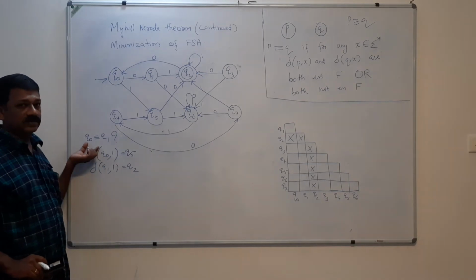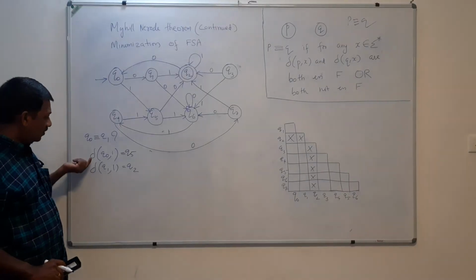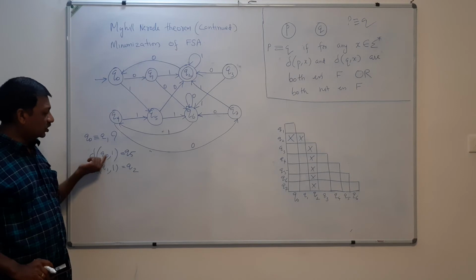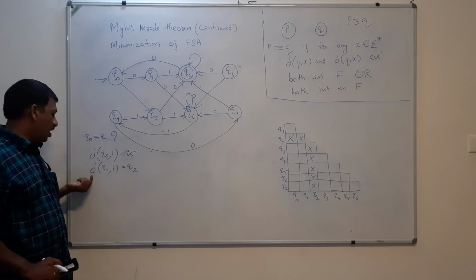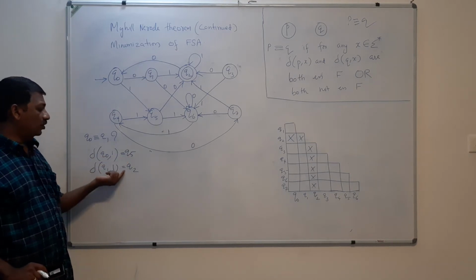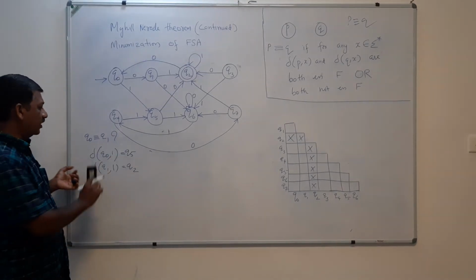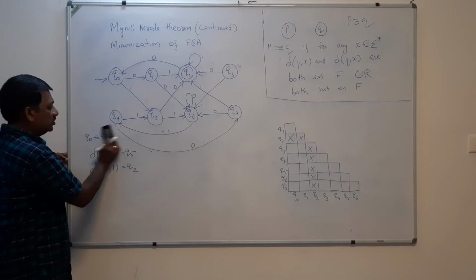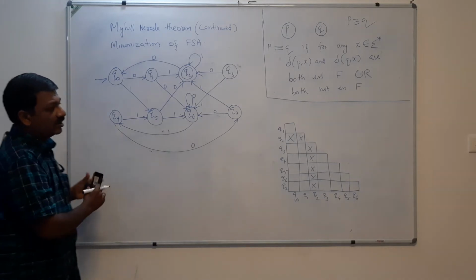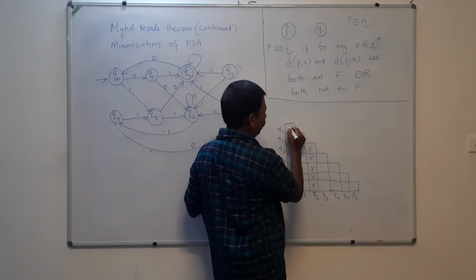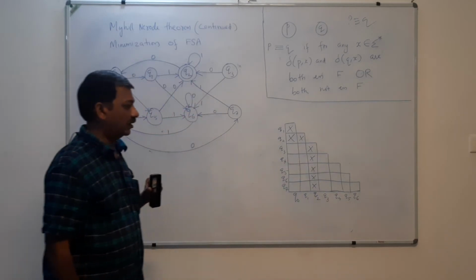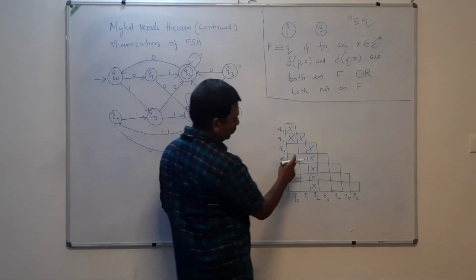These are not equivalent, because when you apply 1 to Q0, you get Q5, and when you apply 1 to Q1, you get Q2. As Q2 and Q5 are distinguishable, definitely Q0 and Q1 are distinguishable. That is why here you have put the mark. Now go to this location.